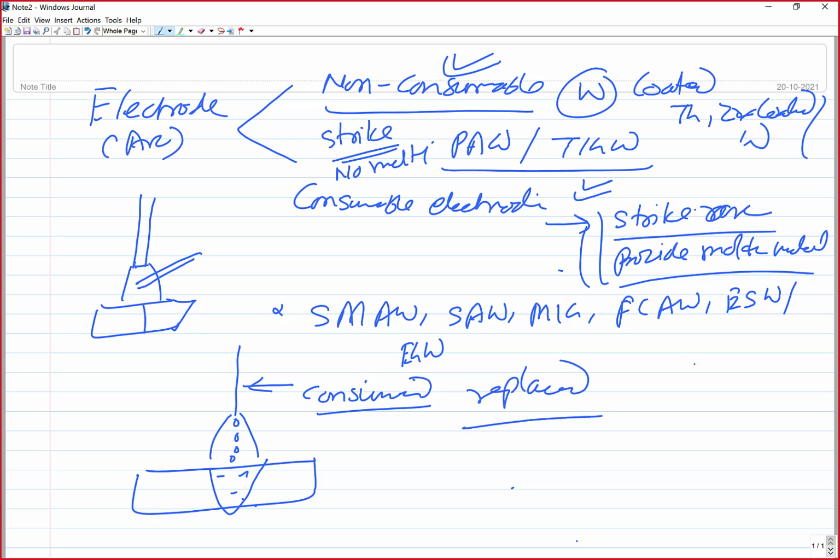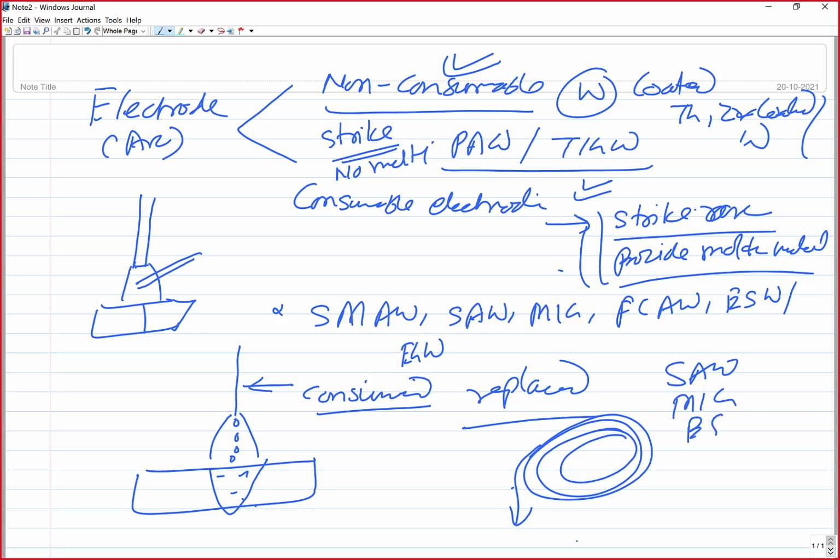In some cases like submerged arc welding and MIG welding, we use a spool of electrode, so it is fed continuously. Once the spool is over, it is replaced with a new one. The same is true for electro slag welding, electro gas welding, and even flux core arc welding.